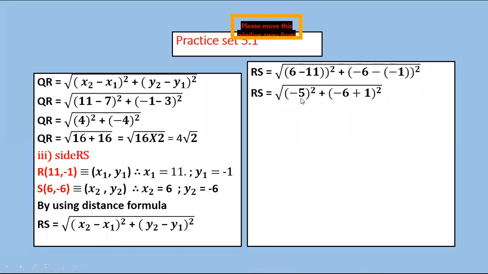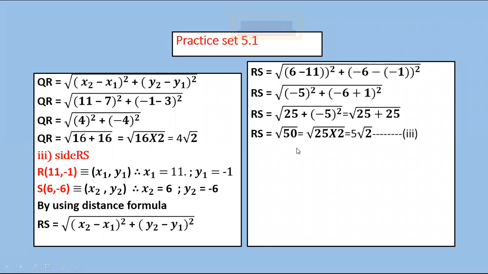RS is equal to square root of 25 plus 25. RS is equal to square root 50. 50 we can factorize as 25 multiplied by 2, so it is 5 square root 2. We get equation number 3.